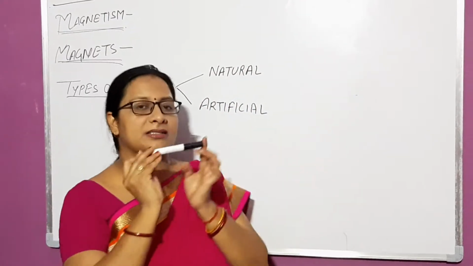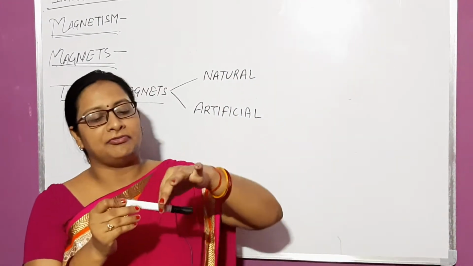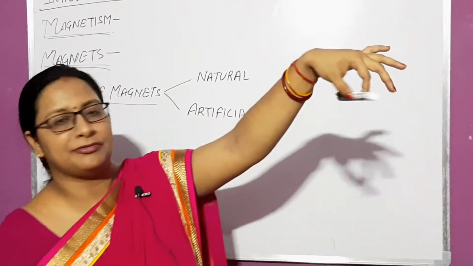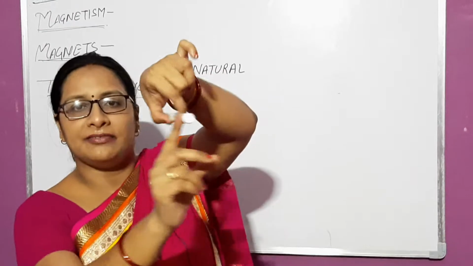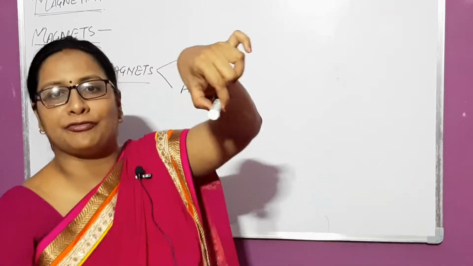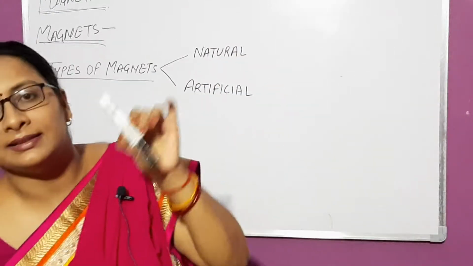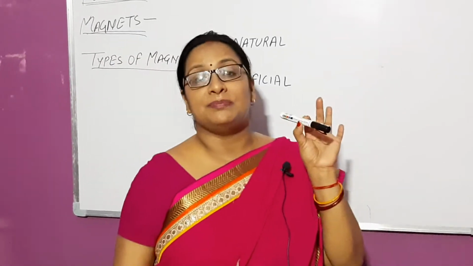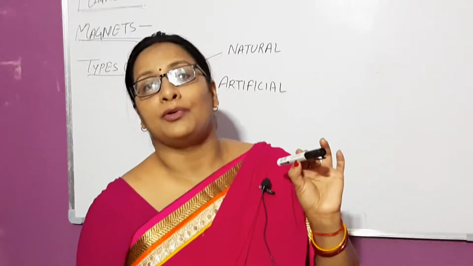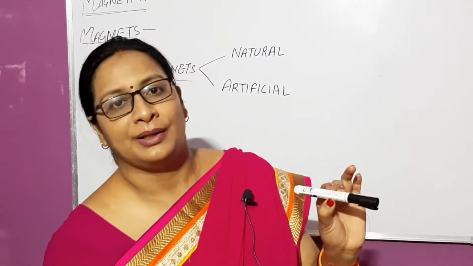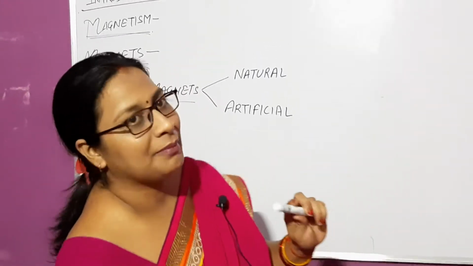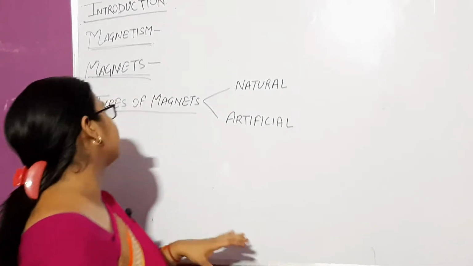Suppose if we freely hang this magnet in free space, it will align itself in the geographic north and geographic south direction. It means that there is some role of direction in the case of magnets, so it is called the directive property of a magnet.